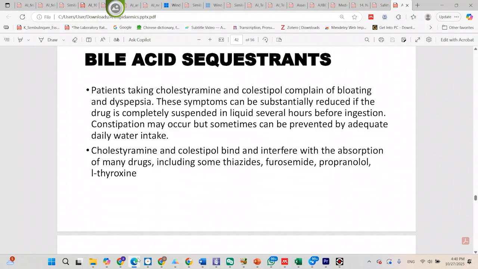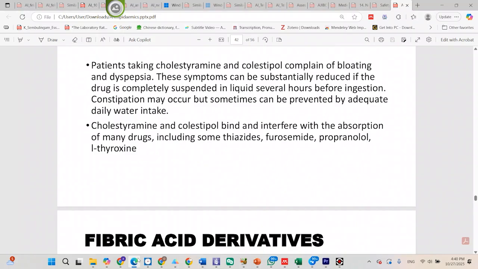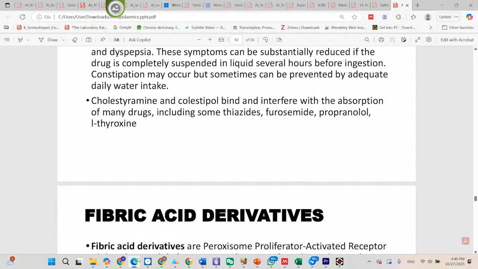Of course, because they are resins, and resins are more like gums, they can swell. They can cause constipation. So if you are going to give cholestyramine to your patient, you must advise your patient to drink enough water to help with constipation.